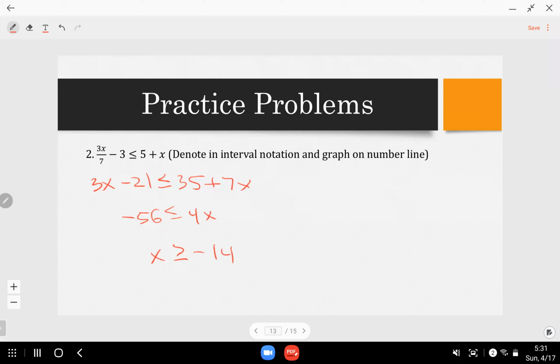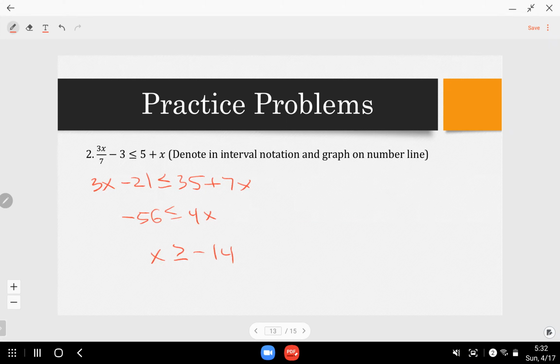Let's check it. So it's negative 42 minus negative 63... let's see here, 98. Yeah, I think it's correct. Correct. All right, so let's go back to our interval notation.